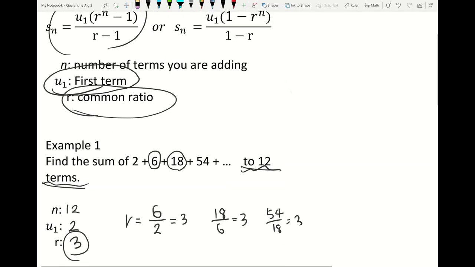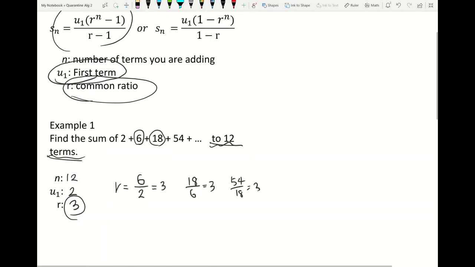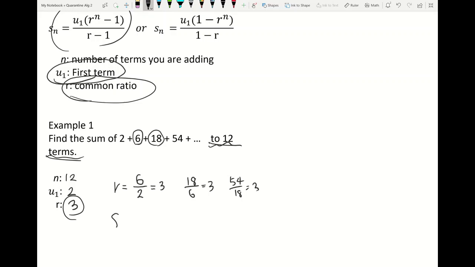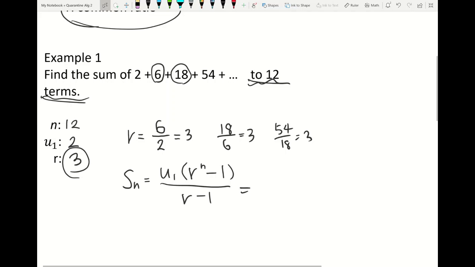Okay, so the formula says, so let's substitute. Okay, let's plug in.